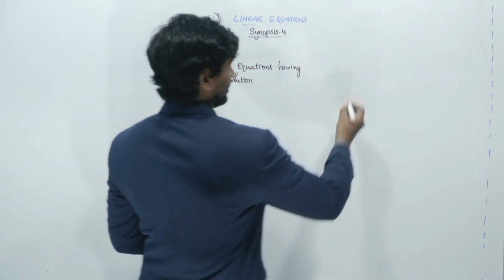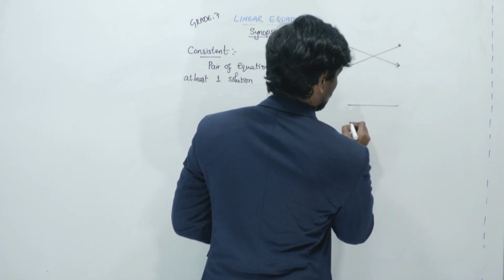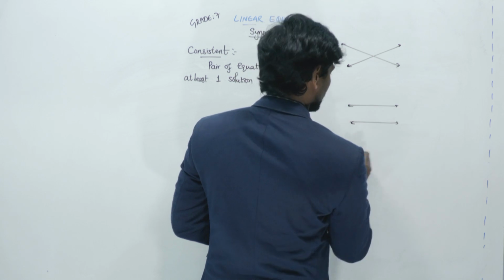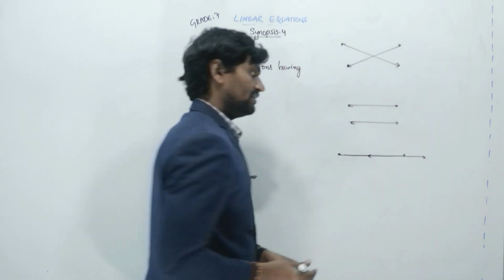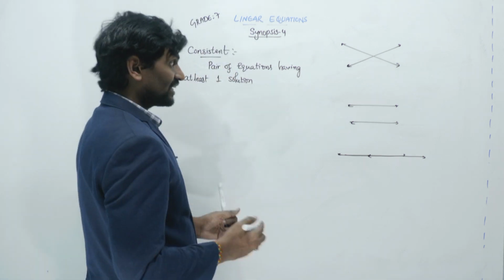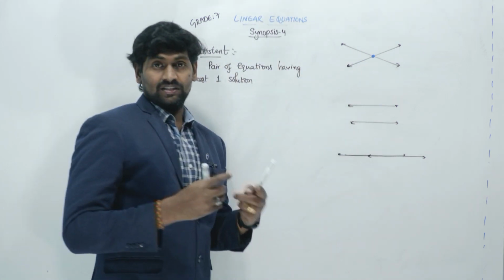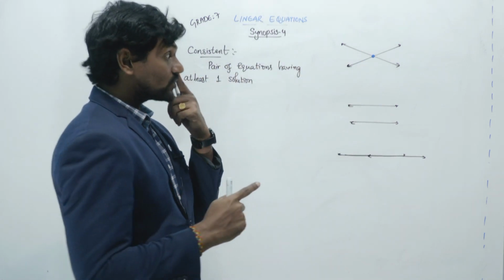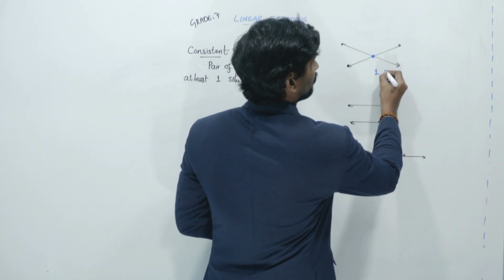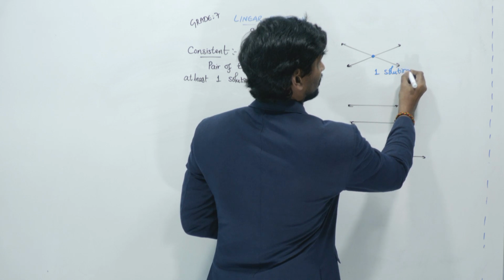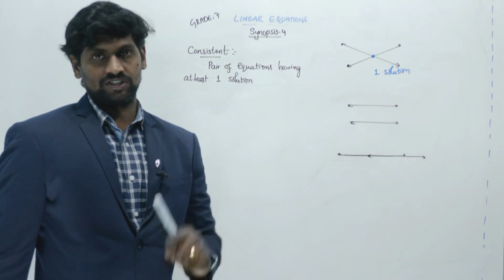Now while you are observing the 3 cases here, intersecting lines, parallel lines and coincident lines: in intersecting lines, both lines meet at a point, the intersecting point, which is the solution of the equations. That means intersecting lines give one unique solution.